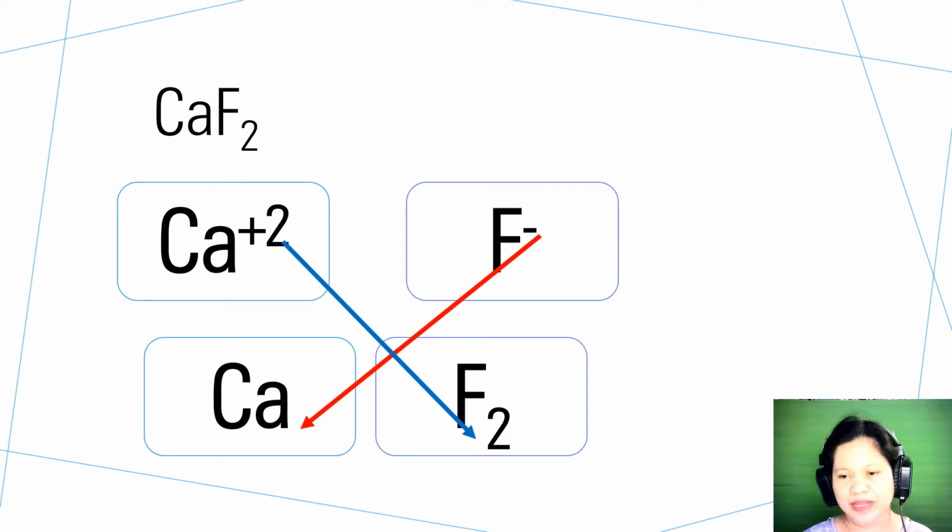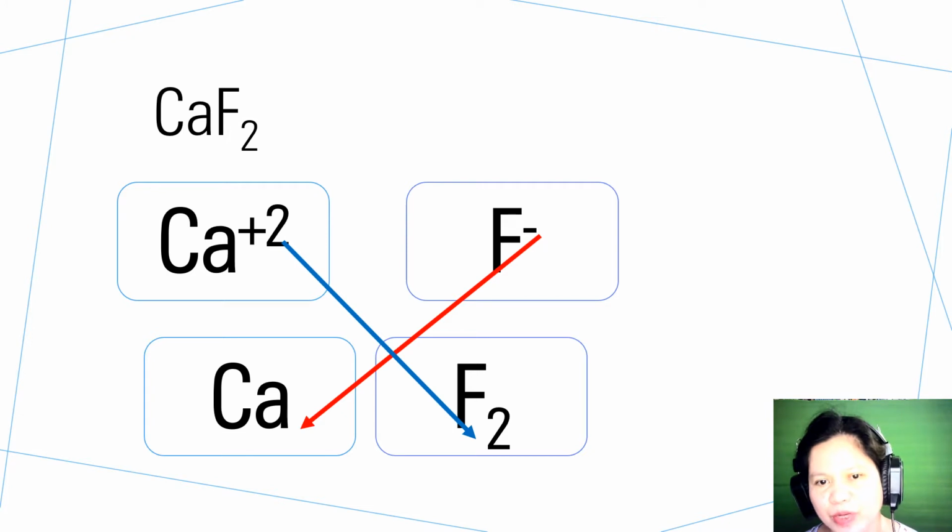I hope you understand that. That is how we name. That's why it is very important that you know the charges so that when you write down the chemical formula, you know already what to write and where to place the subscript using the charges. Okay?